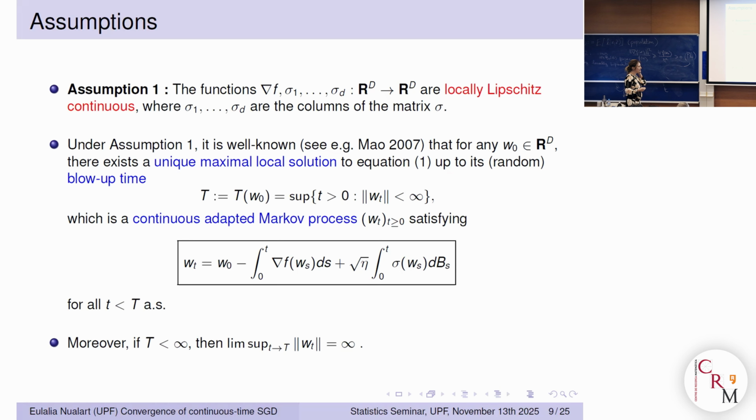If you look at the trajectories of this process and compare them with the trajectories of the deterministic process in a compact time interval, you can show that when eta goes to 0 the trajectories will match, but not when t goes to infinity. At least so far we still don't know. So we can only consider this process up to its blowup time, which we call big T. At this time the process blows up, so the algorithm doesn't converge.